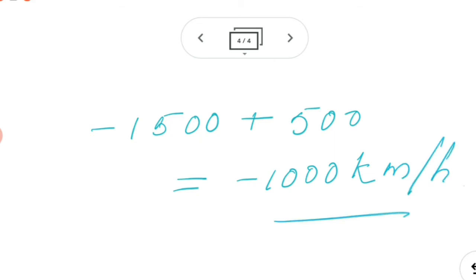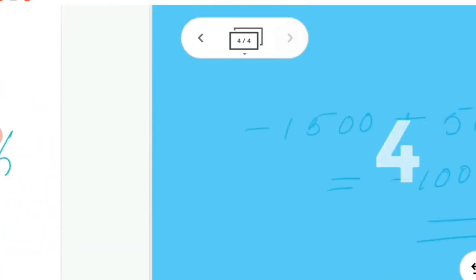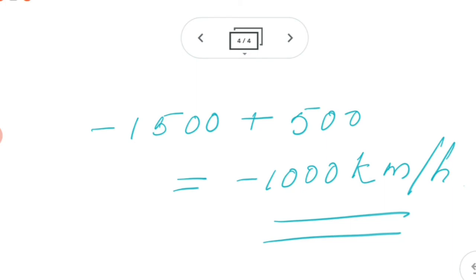So this is the velocity of the combustion products with respect to an observer on the ground. So this equation is very important. That negative sign in the answer shows that the combustion products are moving in the direction opposite to the jet plane. That's what we mean by that negative sign.